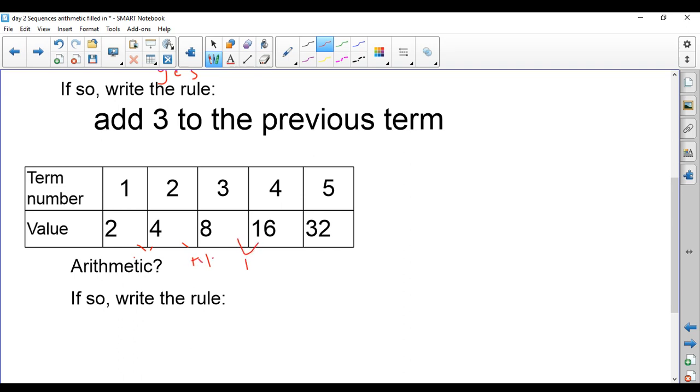From 8 to 16, we go up by 8. I apologize for the writing. Since these numbers are changing, 2, then 4, then 8, and then the next one would go up by 16, since the differences are changing, they're not common, so this is not arithmetic. If it's not arithmetic, you do not have to write a recursive rule.